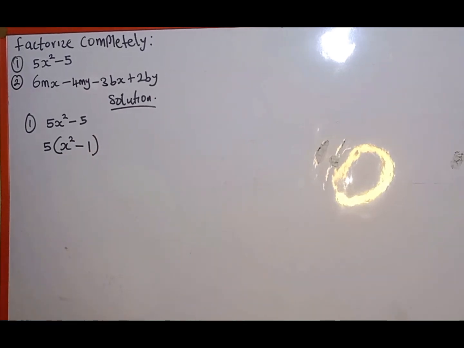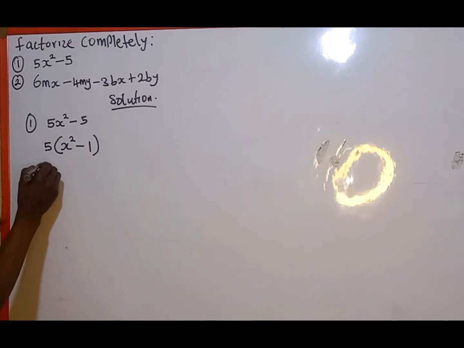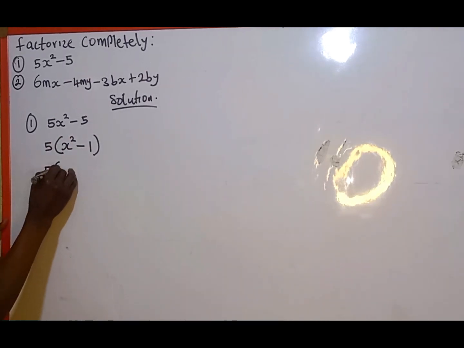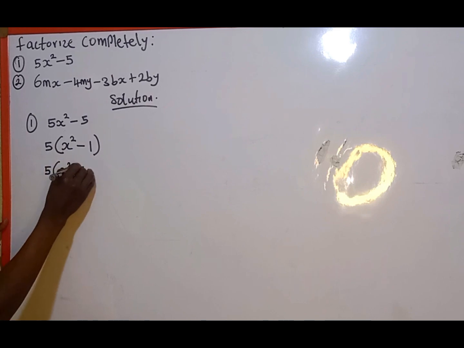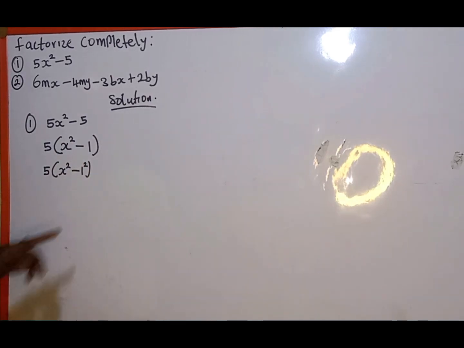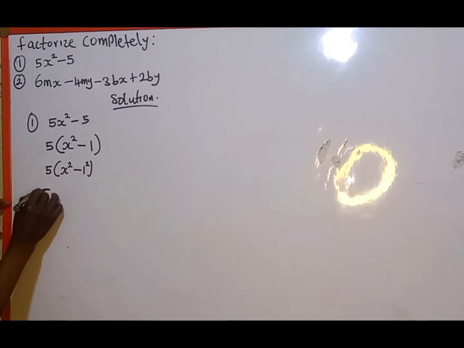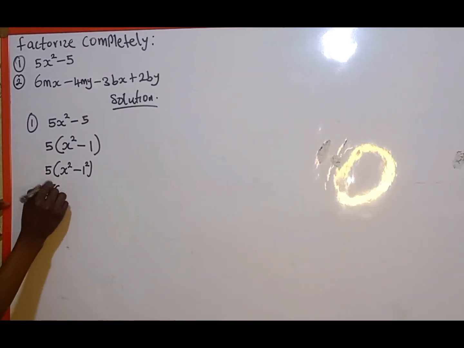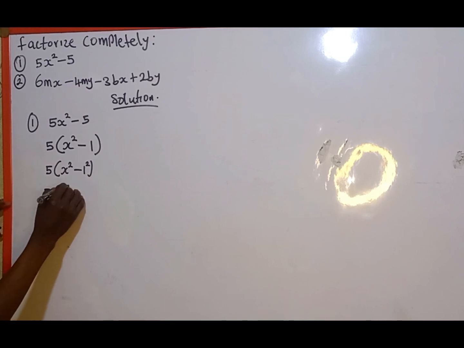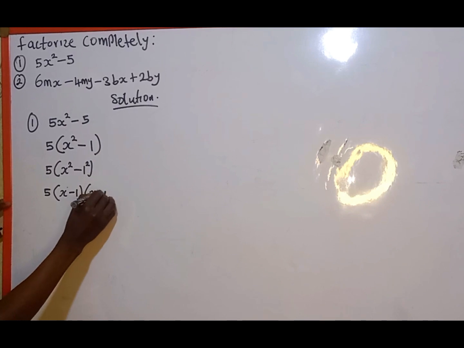After this, you can also go further. If you have x squared minus 1, it can also be written as 5 into x squared minus 1 squared, because 1 squared is still the same as 1. But in this case, we notice that inside this bracket we have a difference of two squares, x squared minus 1 squared, and this can also be written as 5 into the bracket of x minus 1 then multiplied by x plus 1.